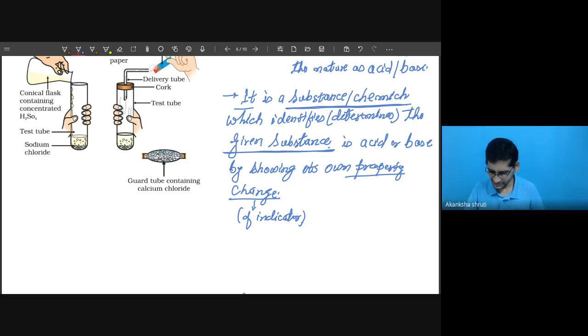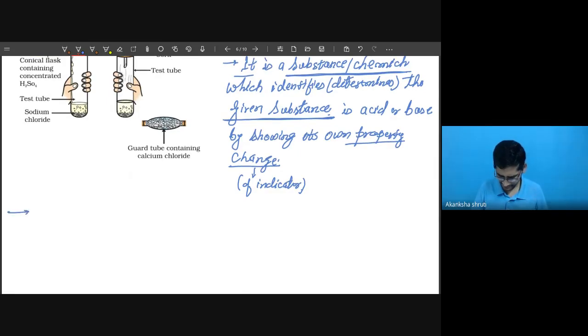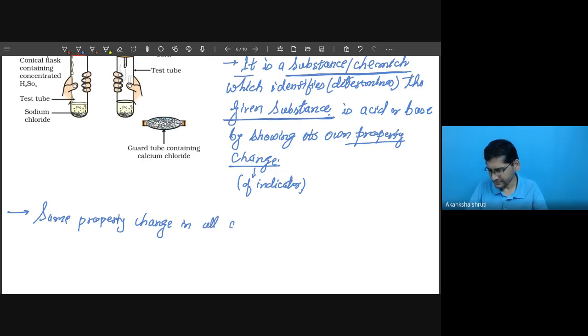So the same property change in all acids.